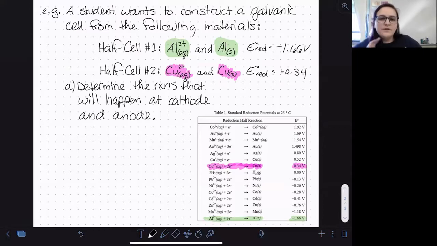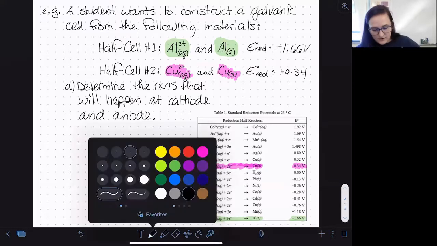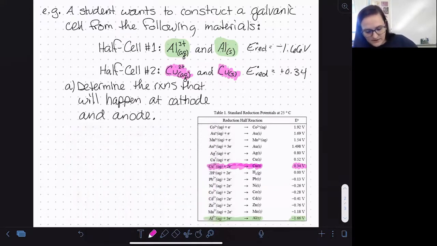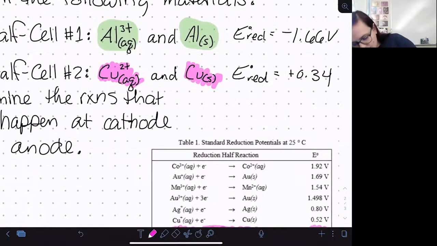So whichever of our standard reduction potentials is higher is the thing that is going to happen at the cathode exactly the way it is written on this sheet. So that is the copper combination here. So this is our higher E not red.